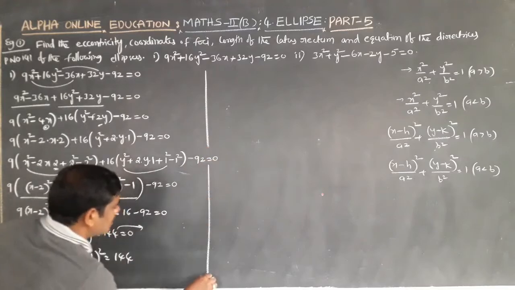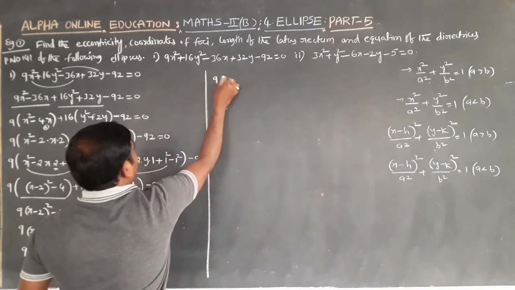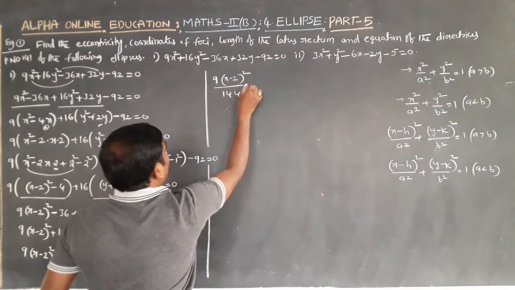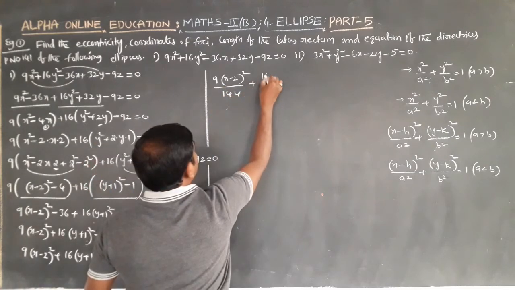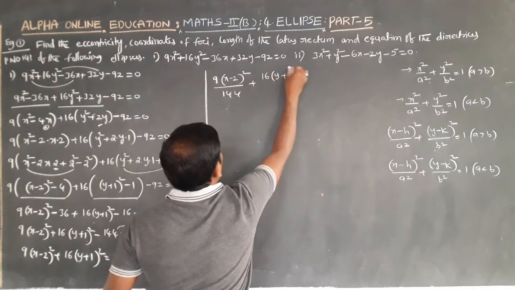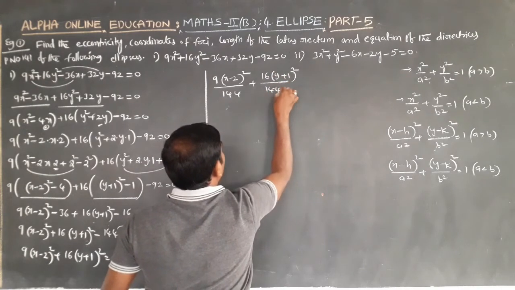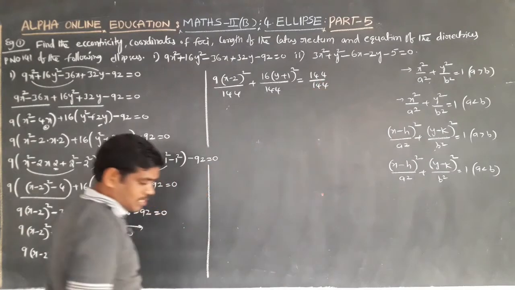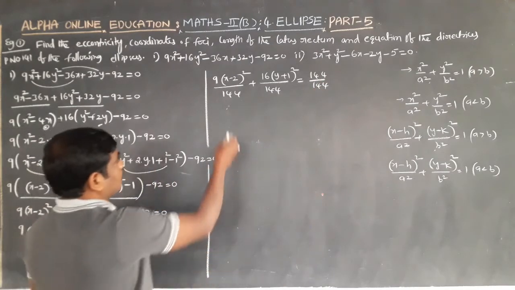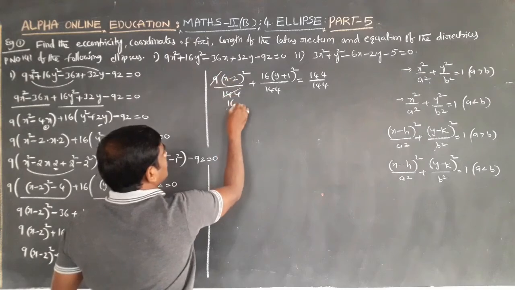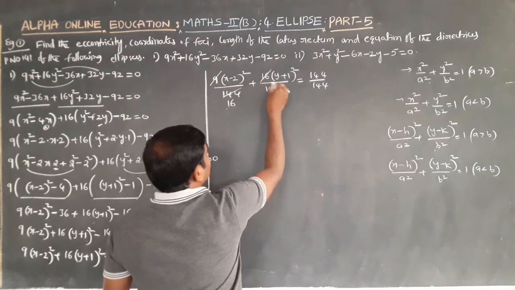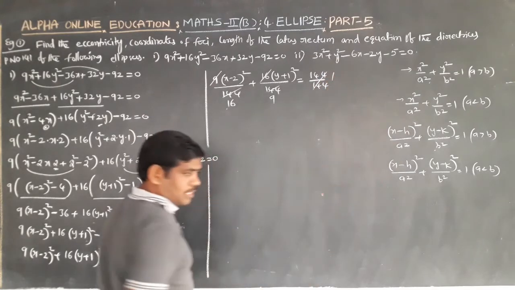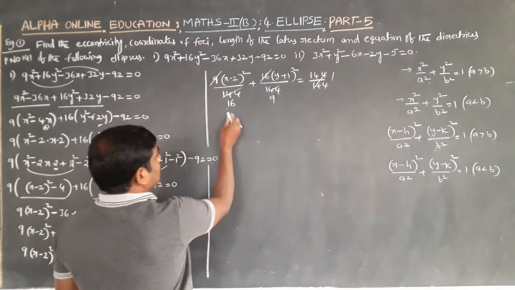Both sides divided by 144: 9 into x minus 2 whole square by 144 plus 16 into y plus 1 whole square by 144 is equal to 144 by 144. 9 ones are 9, 16s are 16, 1 sixteen is 16, 9 sixteens are 144, 1 is 144.